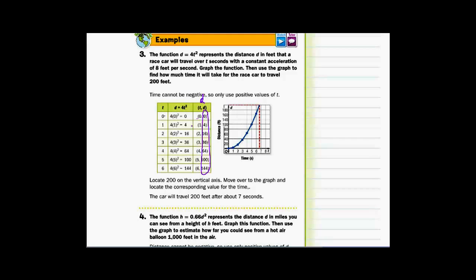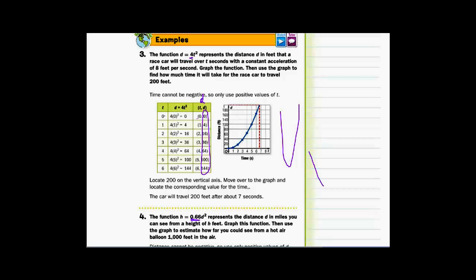Now, with that, here's what I want to say about this. Anytime you have a coefficient in front of the variable that's squared, your parabola will be steeper. It will open up faster, so it will be narrower, okay? Down here in this one where it says 0.66d squared, yes, there's a number in front of it, but notice that is less than 1.